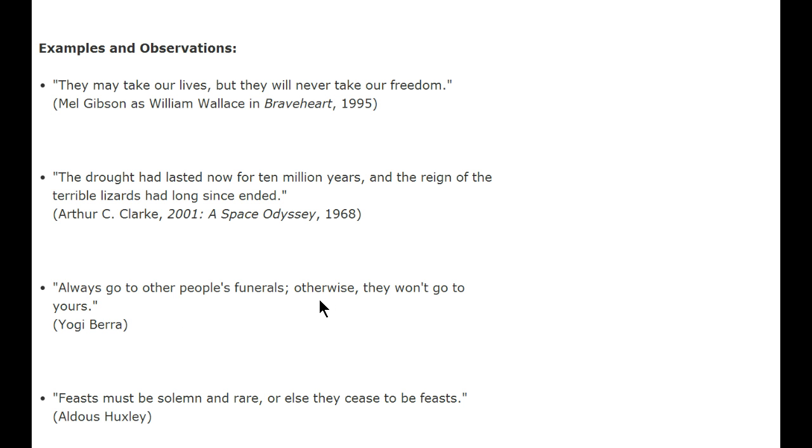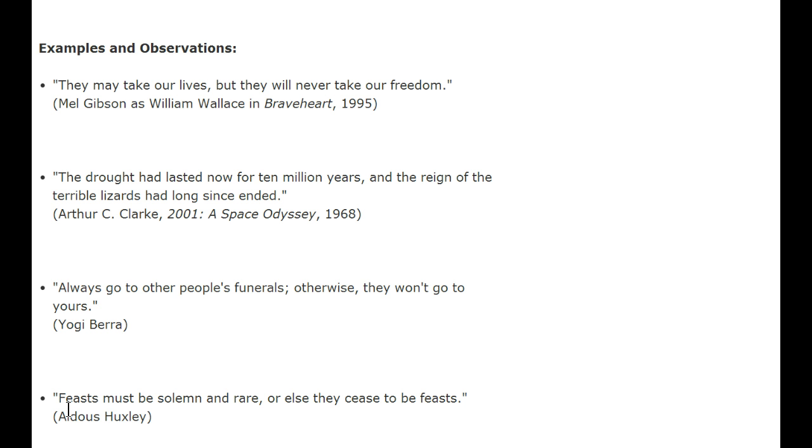Here we have to use otherwise, and there we have the semicolon and the comma, because this is considered a side remark. To indicate that, we have a semicolon, the connecting word, and the rest of the sentence.